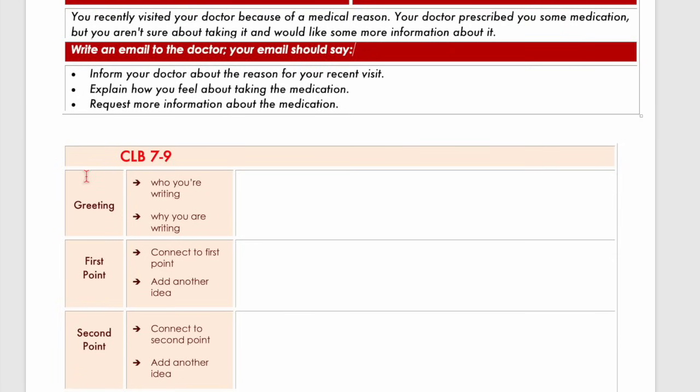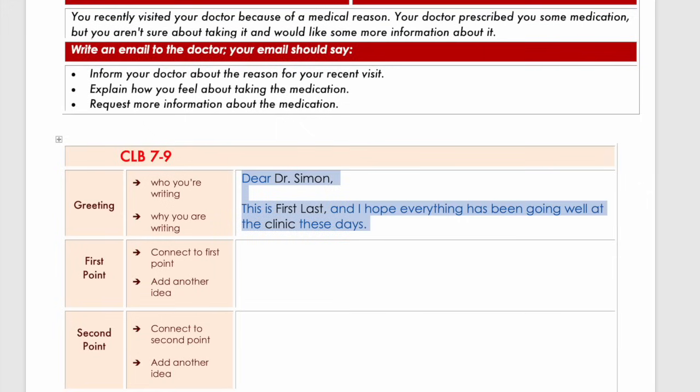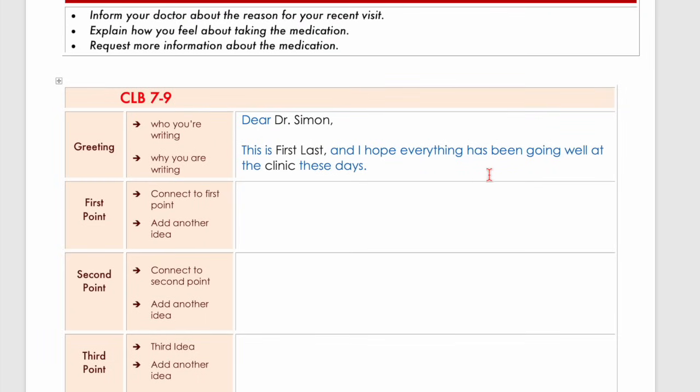So let's start with our greeting, who you're writing and why you're writing. Okay. So, dear Dr. Simon, this is your first name and last name. And I hope everything has been going well at the clinic these days. Let's also remember that I'm color coordinating, and blue is the structure that we're using to connect and to sequence.